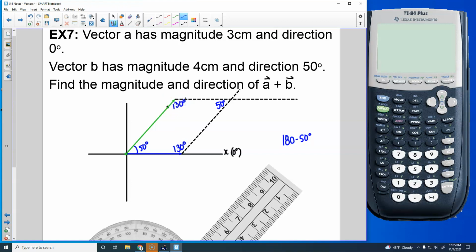I like drawing those in before I draw my resultant vector because sometimes once the resultant vector is there, it's hard to see because we will need at least one of those angles there.